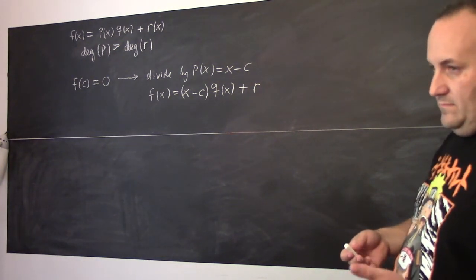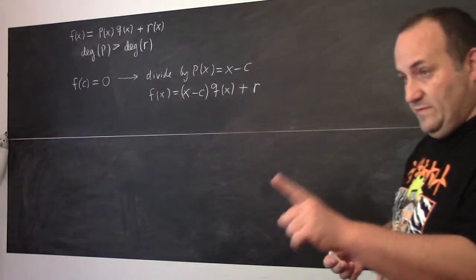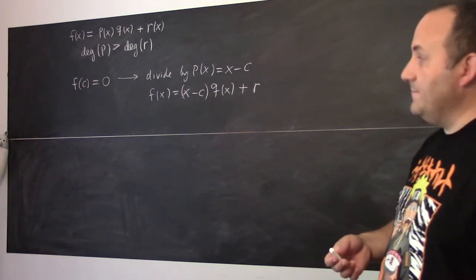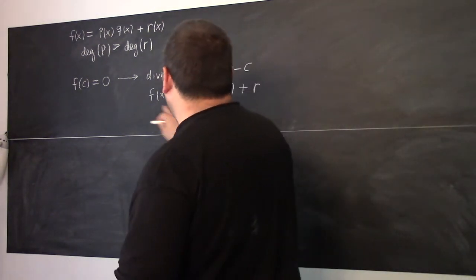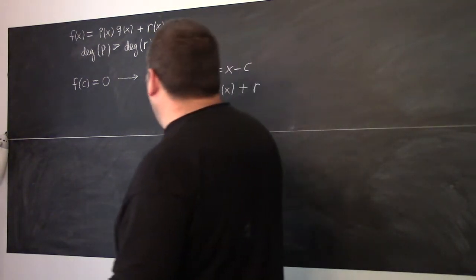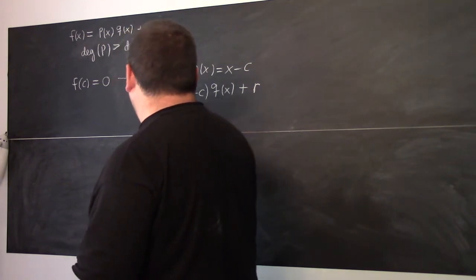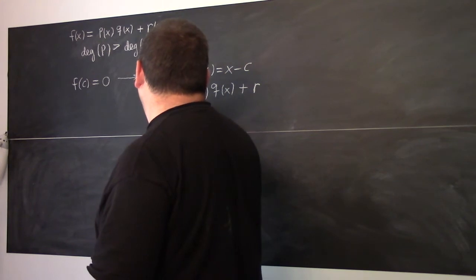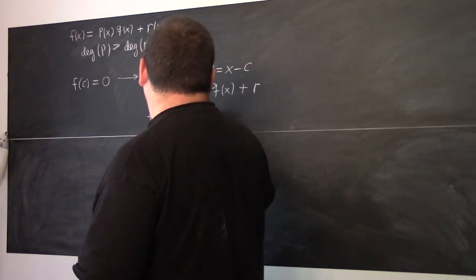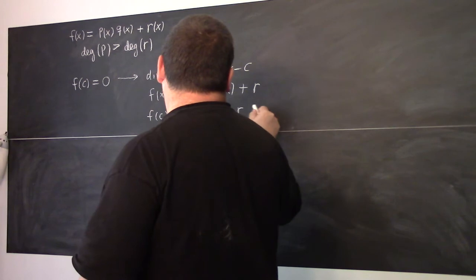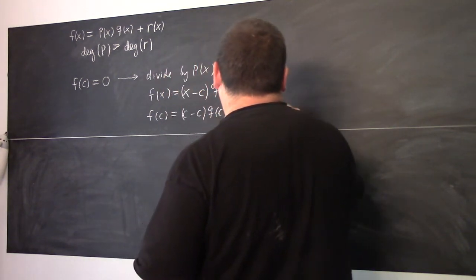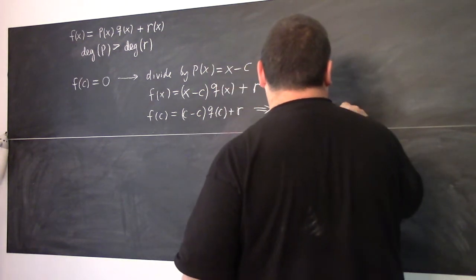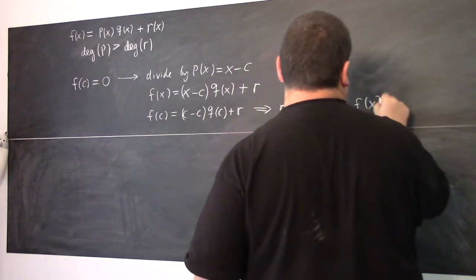So use long division, or what we usually call the division algorithm in the theory of polynomials. So the first question is, do we have a division algorithm for polynomials over an algebra? Now if f of c equals 0, you plug in c, what do you get? You see r equals 0.